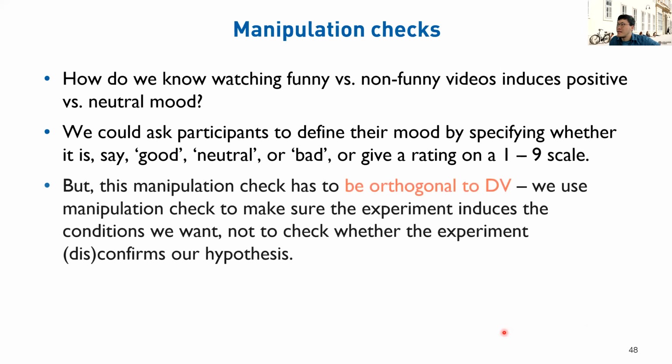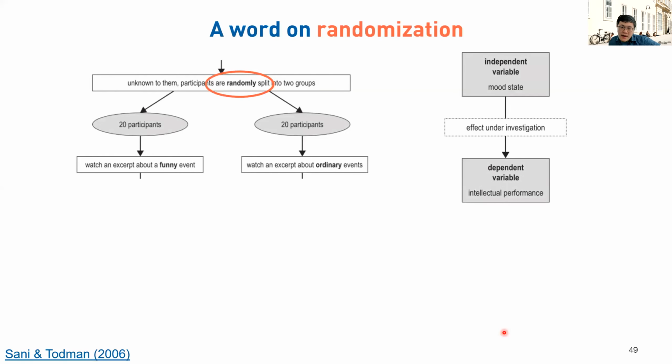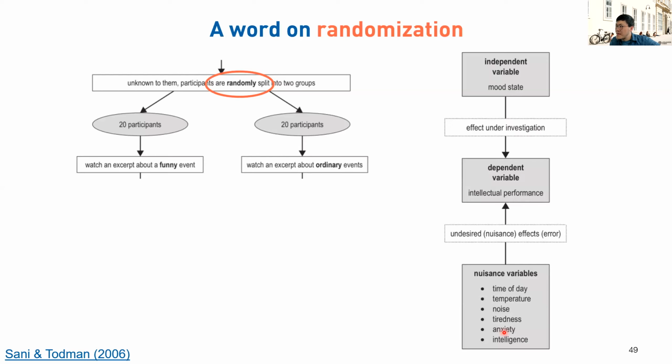Here I will skip ahead, but randomization is very important. Why do we do randomization? It is because there might be other factors that affect the behavior of the participants. The time of day when they come in to do the experiment is different, the temperature is different, the noise is different, and a lot of things are different, right?